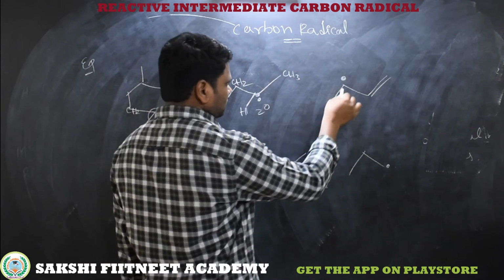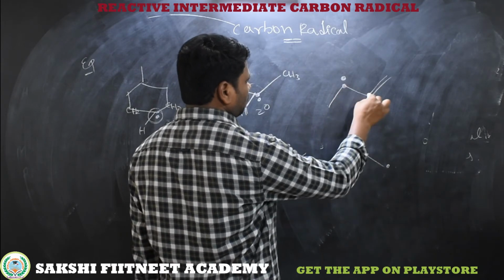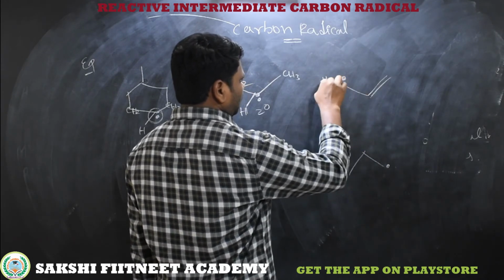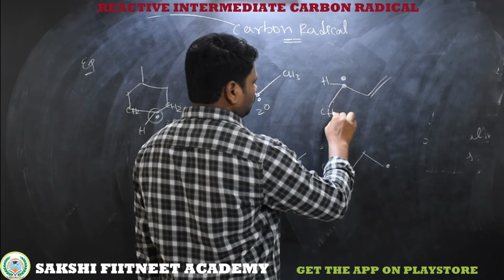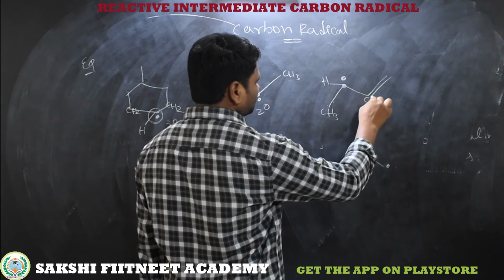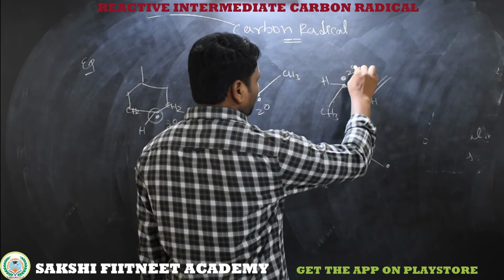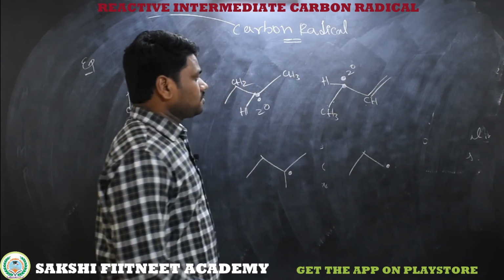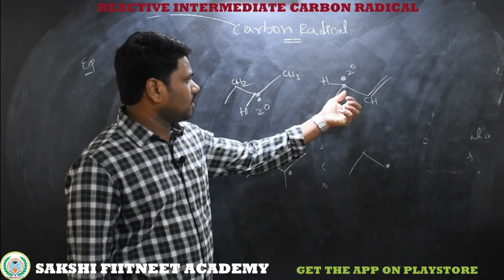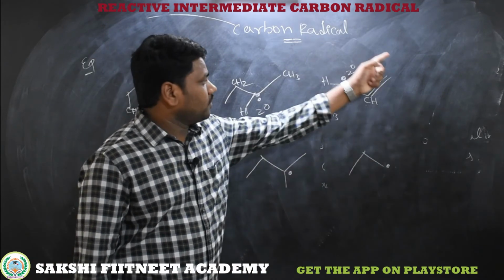Now here, based on the carbon bonds, we have one hydrogen and the remaining two groups are CH3 and CH. So based on the carbon bonds, it's a secondary carbon radical. But the common classification of this carbon radical comes from observing the whole molecule.